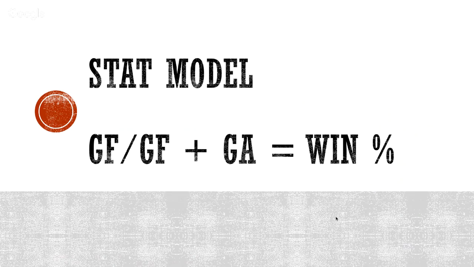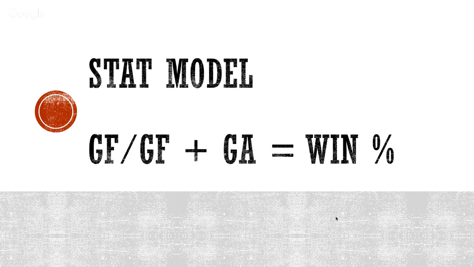All right, here's the stat model that I came up with for soccer. A little bit of background, you can watch the first video if you'd like. In essence, it is goals for divided by goals for plus goals against equals projected win percentage. How I came up with this formula: it was founded by Bill James, who came up with the Pythagorean theorem of baseball.